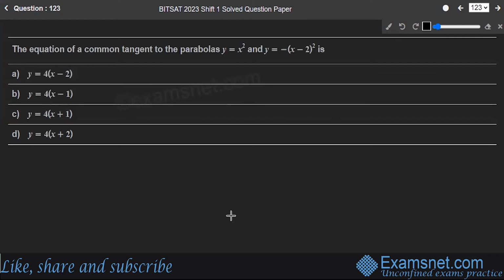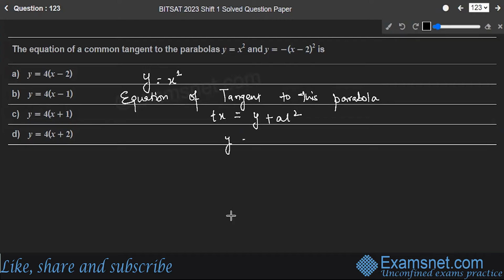Next is question number 123. The equation of the common tangent to these two parabolas is. So, you have the equation of the parabola y is equal to x square. Equation of tangent to this parabola will be given by tx is equal to y plus at square, or y is equal to tx minus t square by 4.